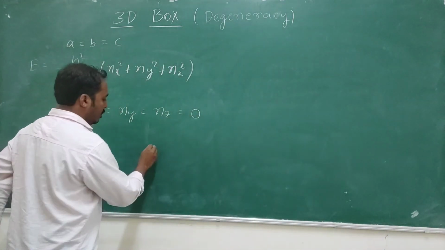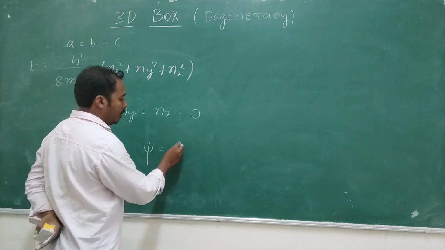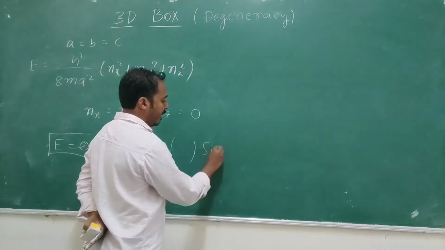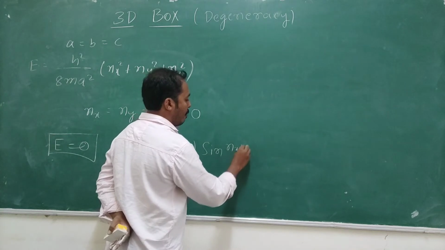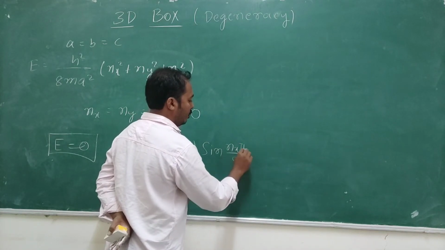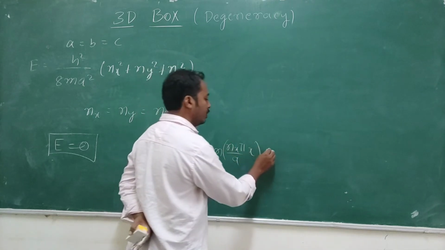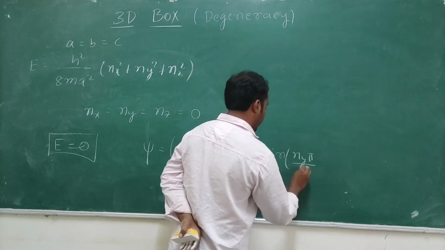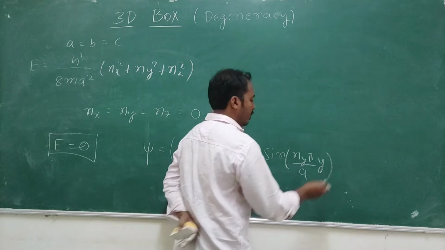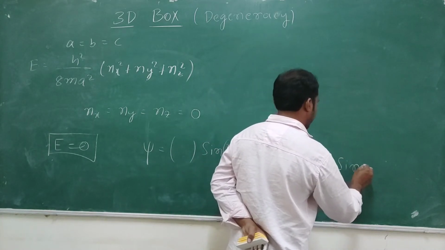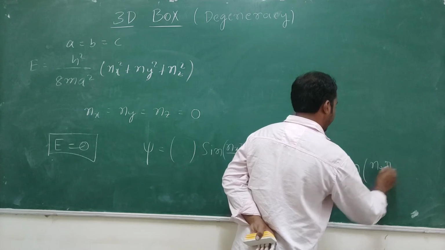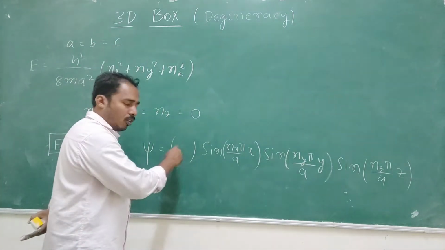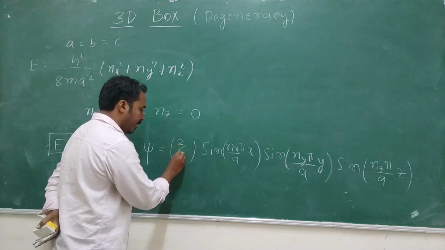The wave function ψ is equal to the normalization constant times sin(nx π x / a) sin(ny π y / a) sin(nz π z / a), where the normalization factor is (2/a)^(3/2).